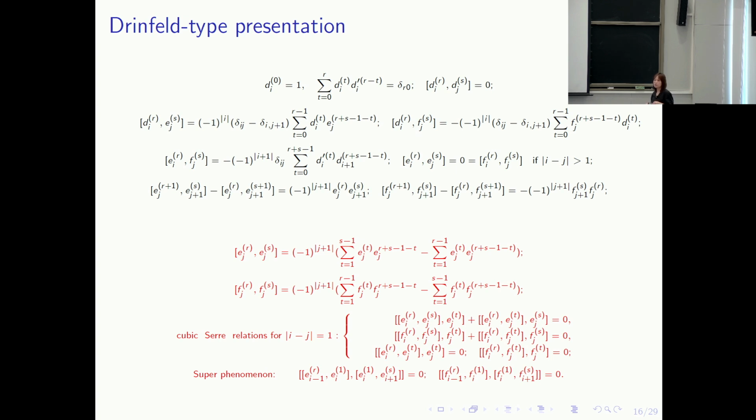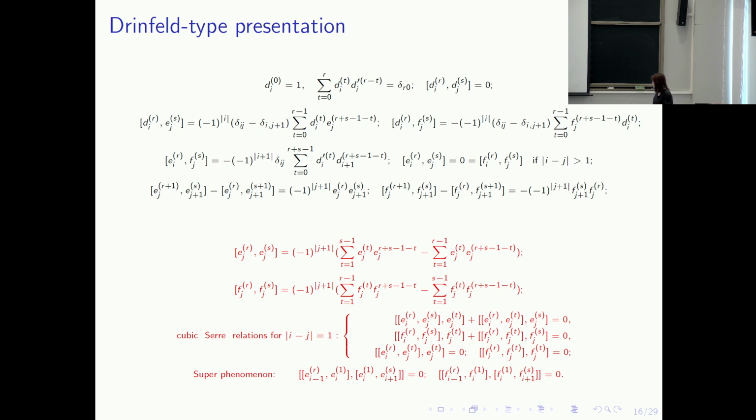Then we use some morphisms, for example the swap map and the shift map, to obtain these relations in the general case. Here, these relations highlighted in red are different from the case of characteristic 0.